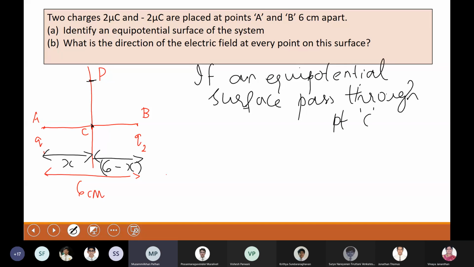Should we check if it's an equipotential surface or not? Yeah, we'll just check. Let us check. The equatorial plane will be an equipotential surface.